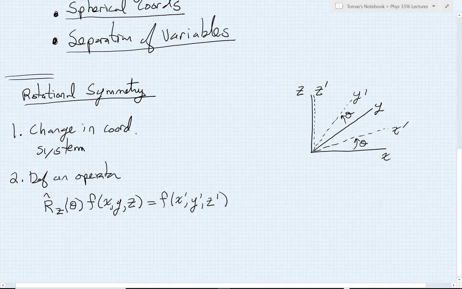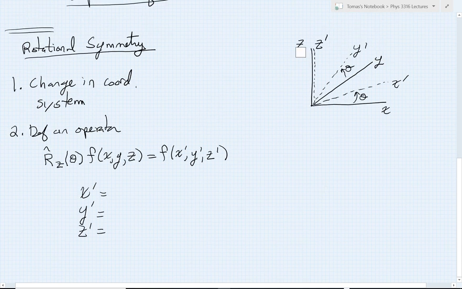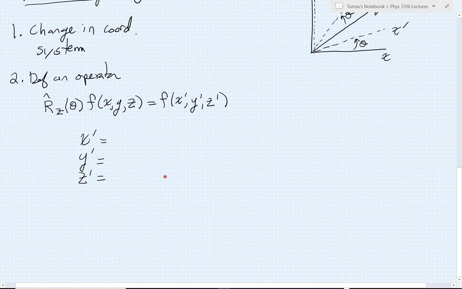So to compute then the action of this operator, what I need to do is to figure out what my new coordinates look like in terms of my old coordinates. So I need a coordinate map to compute what this operator actually does. So I have to figure out for any given point x, y, z what the new coordinates x prime, y prime, and z prime will look like. Now, because nothing's happened between the z and z prime axes, at least that one's pretty simple.